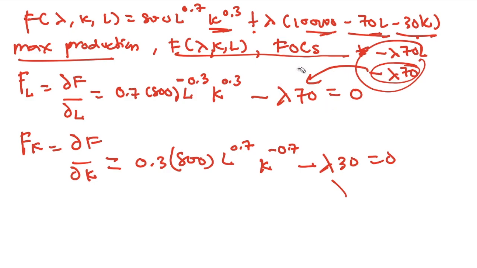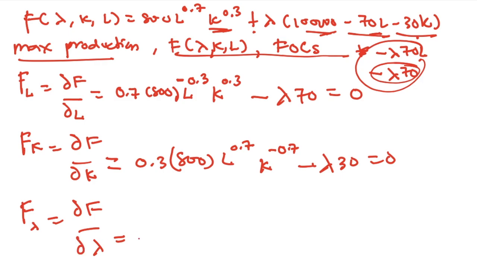Okay. Now, I want to erase this. Alright. So the third FOC is F subscript lambda, or you can write it delta F over delta lambda. The problem with this pen is it tends to make delta become a different thing.